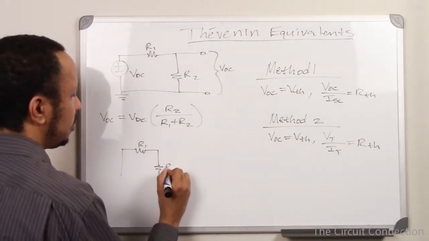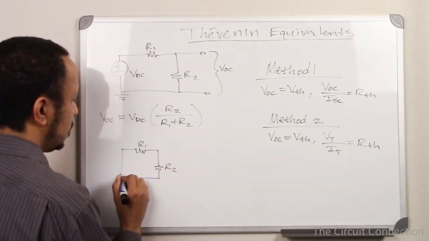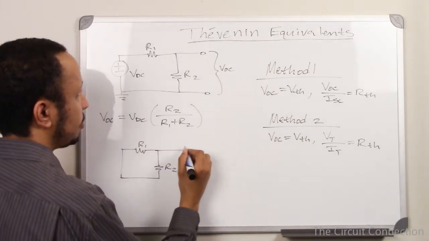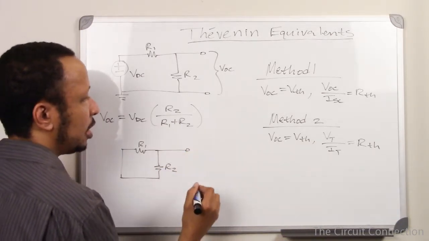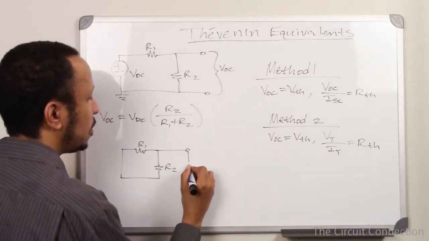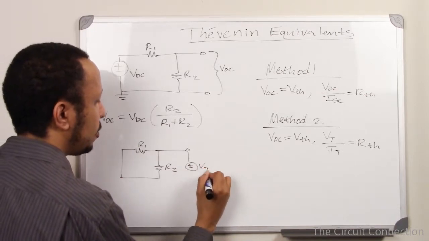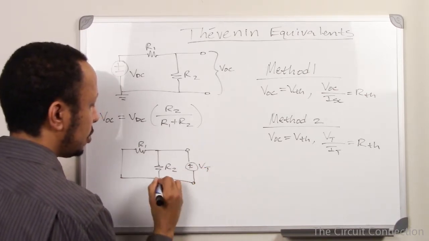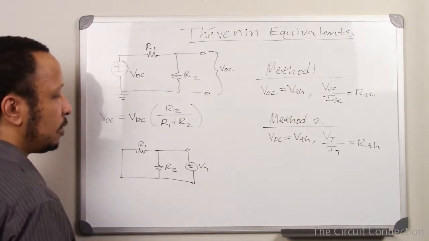So we have this case, and we still have our circuit here, and VT will be at those two points.